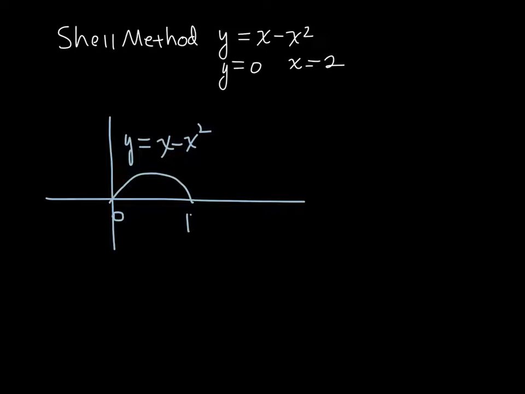So what's happening here is I want to revolve this around this line x equals 2.